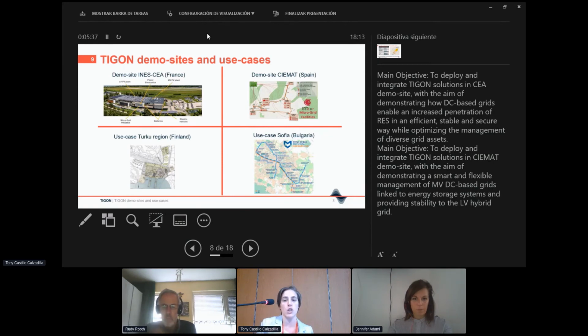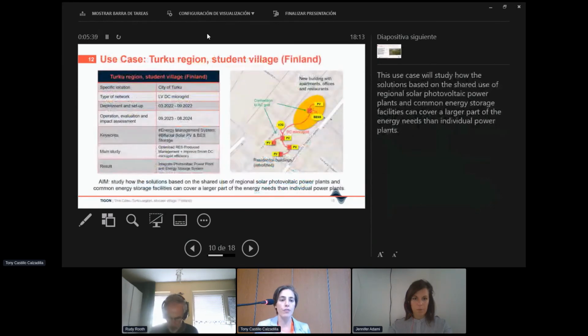So not only the residential sector, but also the transport sector. Going to focus on the use case related to the Finland demo. Actually, the Finland demo is composed of two main districts. One is in the Turku region, and the second one is in Nantali, which are very close to each other.